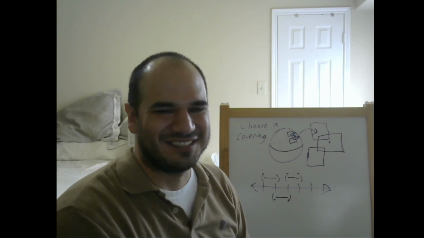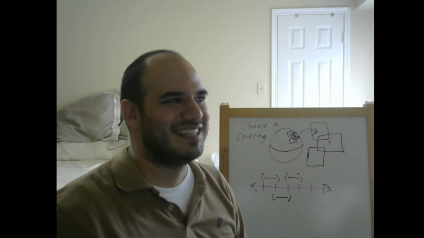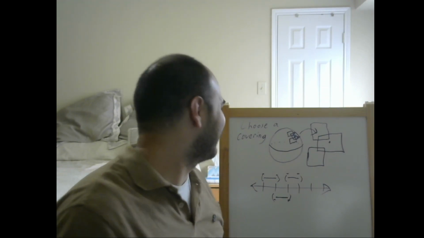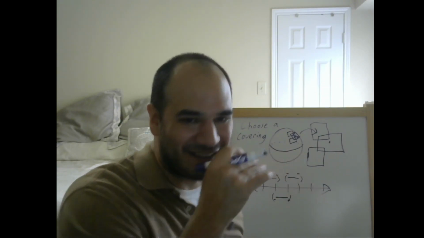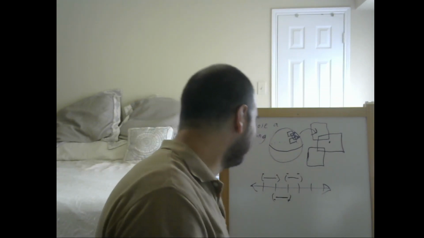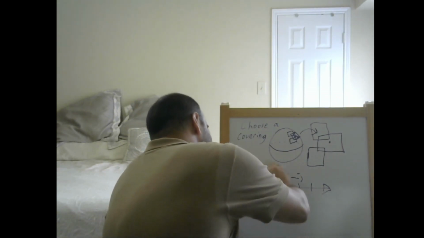I forget what the resolution to it is, but the gist of it is, you get to choose, right? Okay, I think I remember what the trick was. So now we shrink these down.